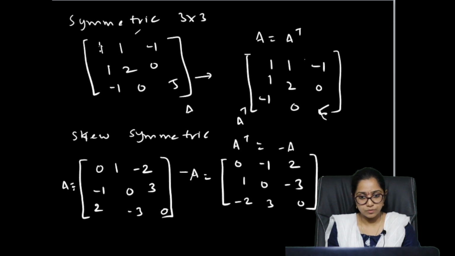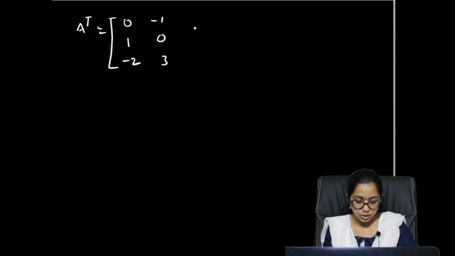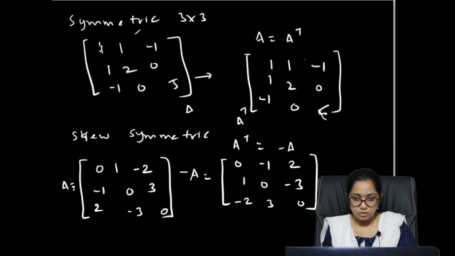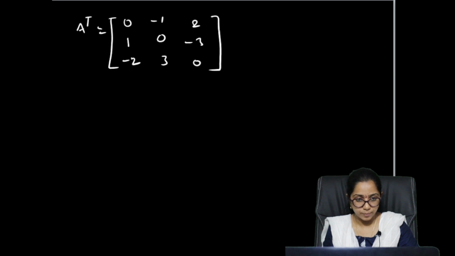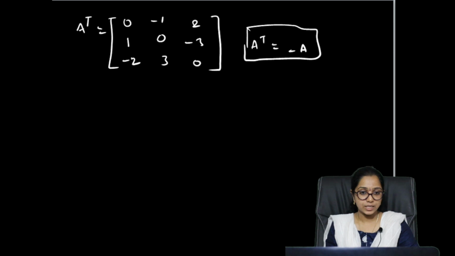If we go to the previous slide and check, 0, 1, minus 2, minus 1, 0, 3, 2, minus 3, 0. So as you can see, it is similar to minus A, that is, A transpose is equal to minus A, which is precisely the skew symmetric matrix. I think it's clear until there.